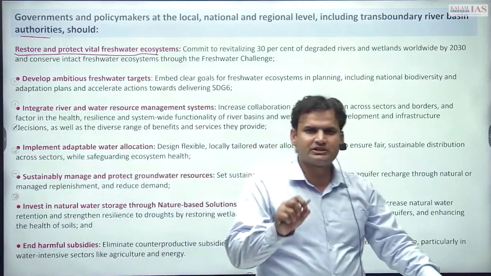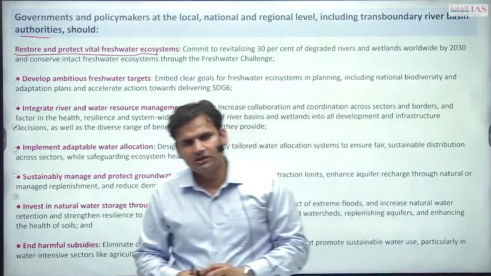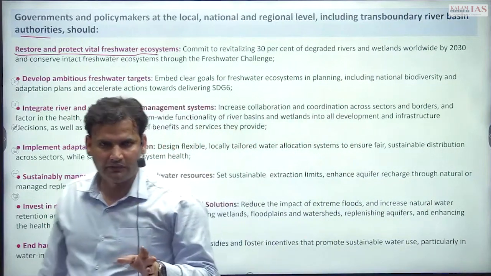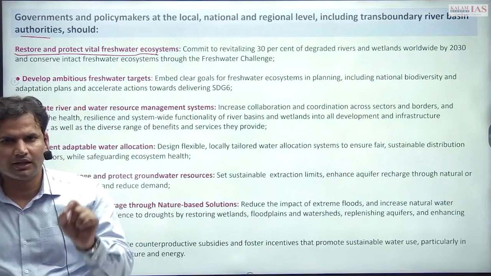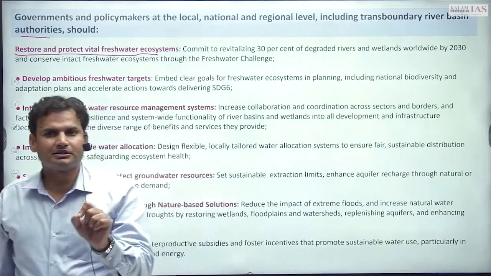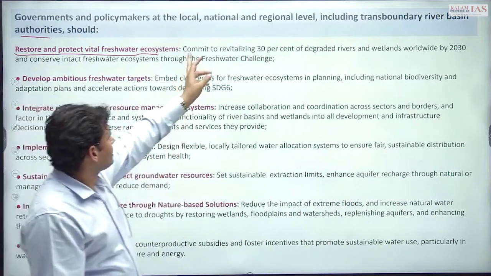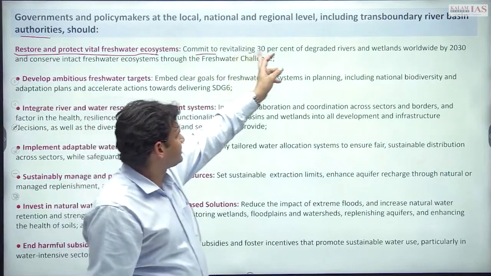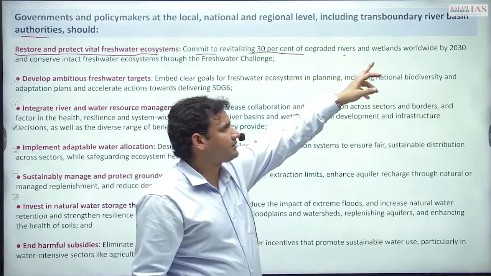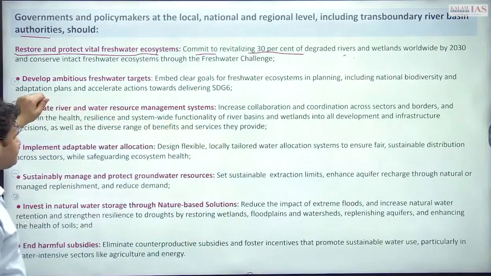You must have read about CBD in environment ecology, Convention on Biological Diversity, the 30 by 30 framework. What is the 30 by 30 framework? That by the year 2030, we need to protect at least 30% of the land, water, etc. Right? So commit to revitalizing 30% of degraded rivers and wetlands worldwide by 2030.